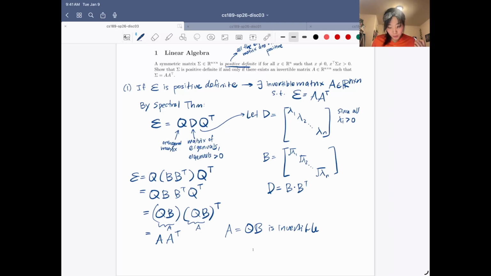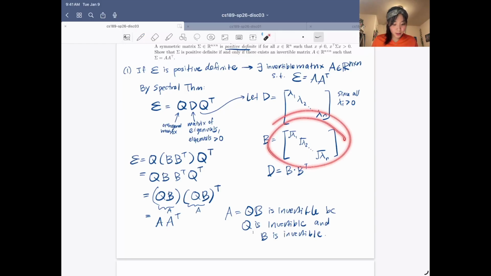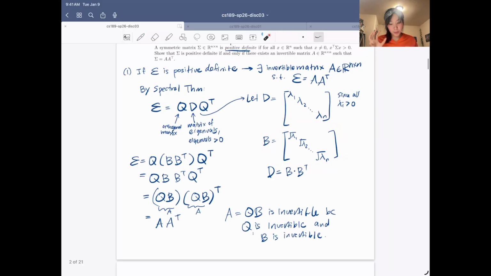And we know that is the case because Q is invertible, since it's an orthonormal basis, and B is invertible since it's just this diagonal matrix. And so if both matrices are invertible, then the product of those two is also invertible.